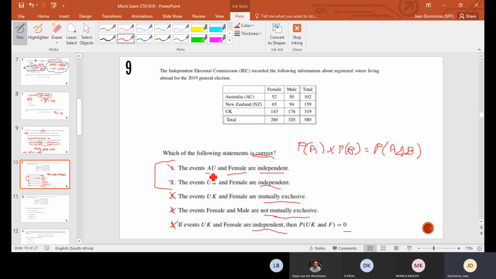For the first one, we need to say what's the probability of AU, so what's the probability of a person being in Australia. It will be 102 divided by 580. It should be 102 and not 120. Okay, cool, thank you.